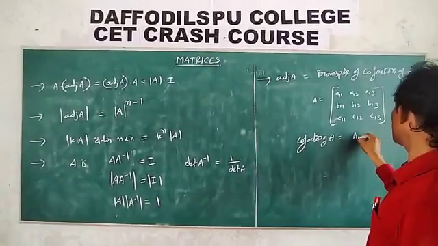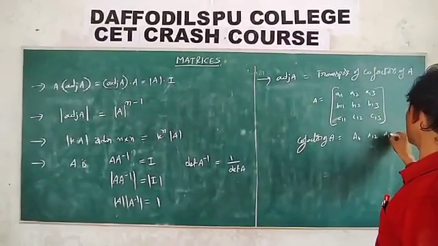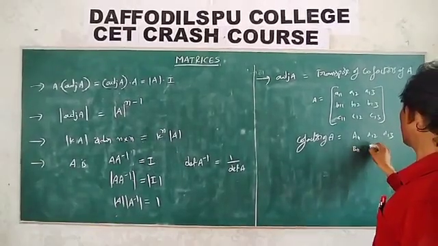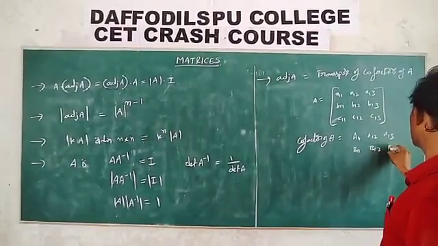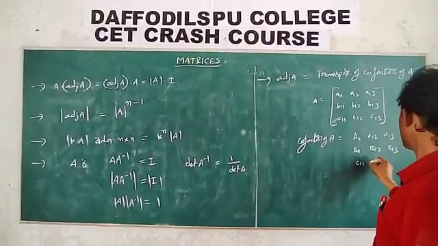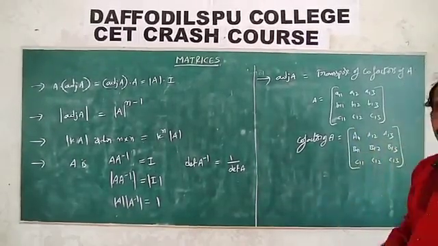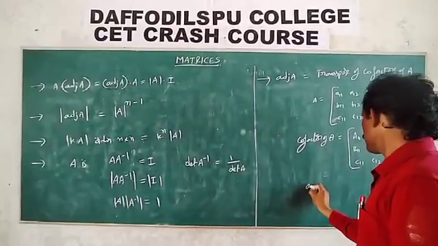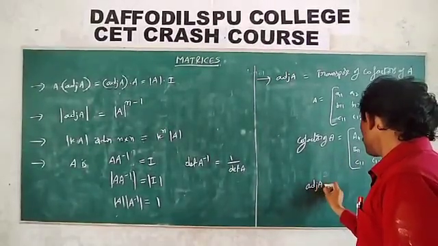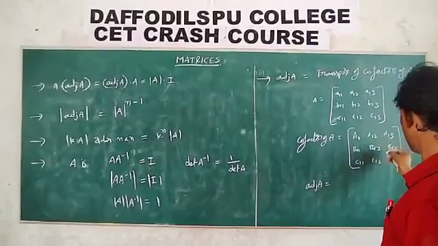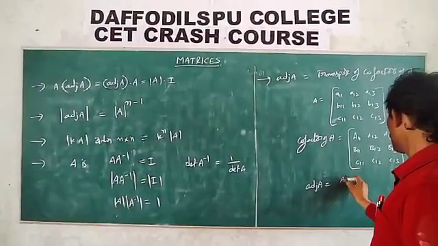Cofactors of A11, A12, A13, B11, B12, B13, C11, C12, C13, right? What is adjoint? Adjoint A is equal to the transpose. What is transpose?